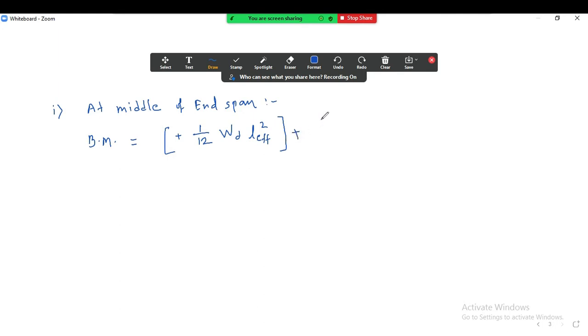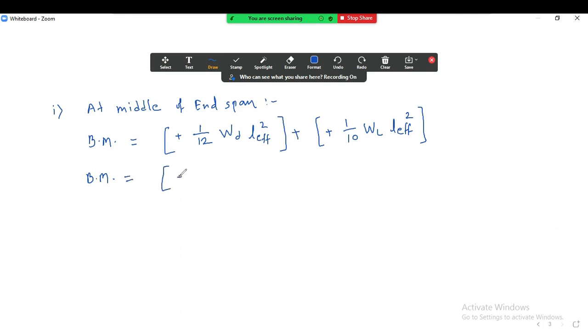Plus, again the coefficient is plus 1 by 10, WL, live load, into L effective square. This we have already seen in the case of continuous slab, so I am assuming that you already know these things.